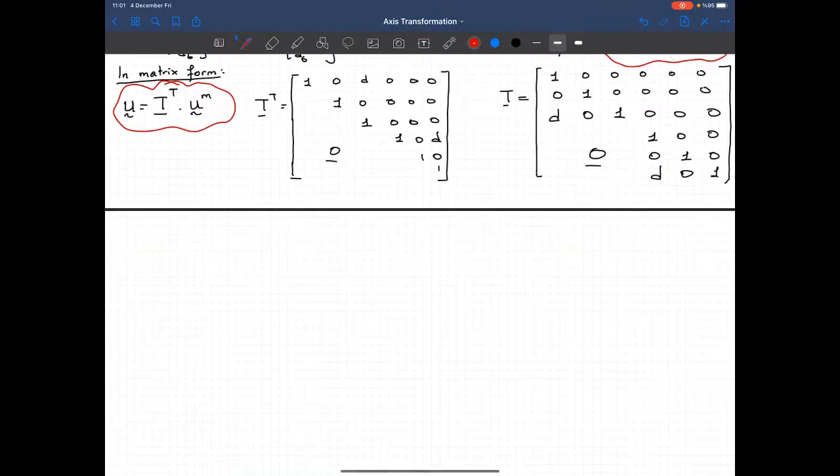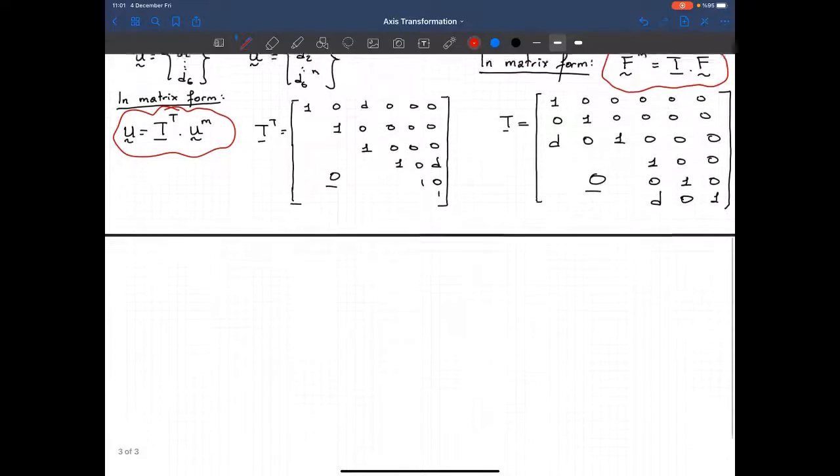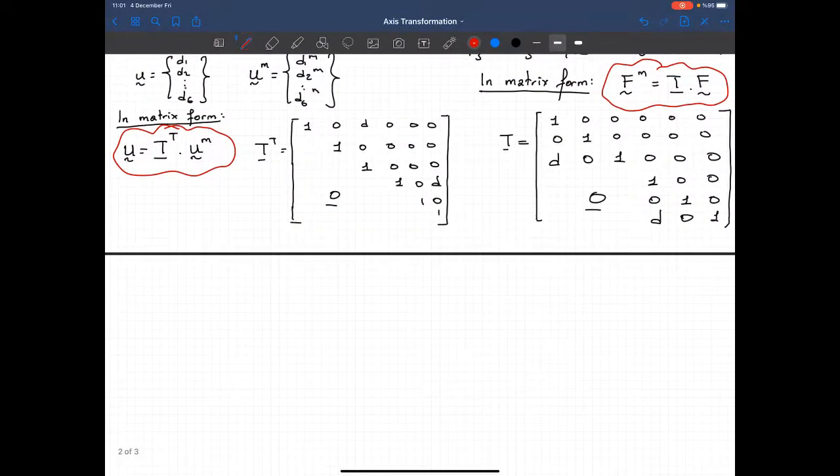Now all I need to do is a relationship for the stiffness matrix. This time I will derive the stiffness matrix.